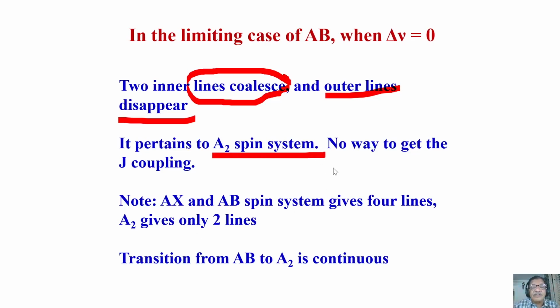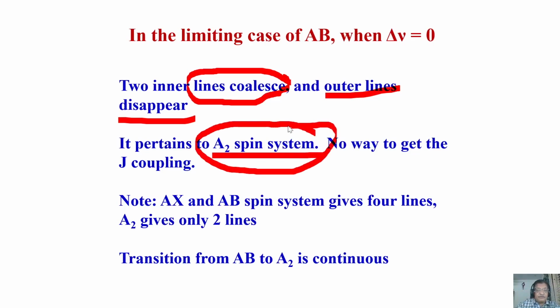Symmetric to antisymmetric transitions are forbidden. As a consequence, you will not see four peaks. So that's why A2 systems always give a single peak, and a single peak is nothing but two peaks overlapping and the outer peaks are not visible at all.